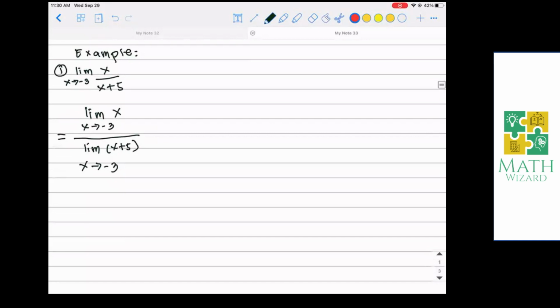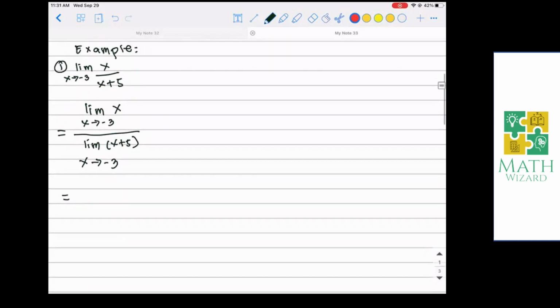So we look for the limit ng numerator, the limit of x as x approaches to negative 3. Again, ito yung second theorem na kung kukunin natin yung limit ng x, ang magiging sagot natin ay kung saan nag-a-approach si x at siya ay nag-a-approach kay negative 3, kaya ang magiging numerator natin ay negative 3 over, yan. So mapapansin natin sa denominator, that's the limit of x plus 5.